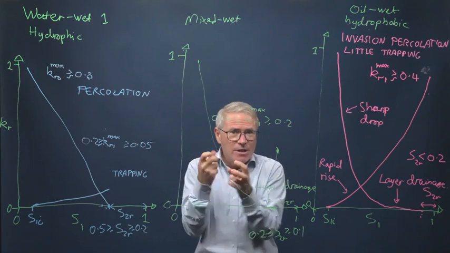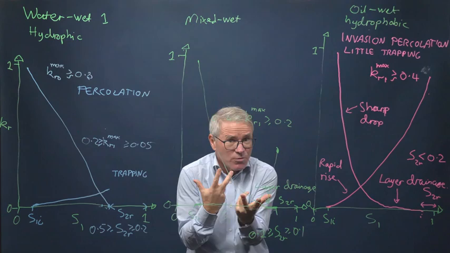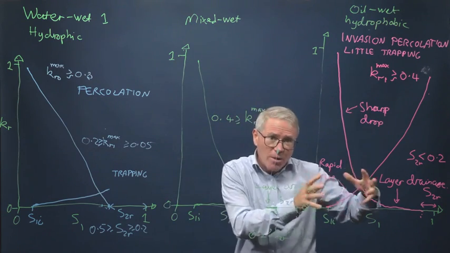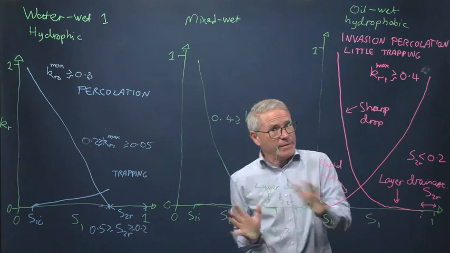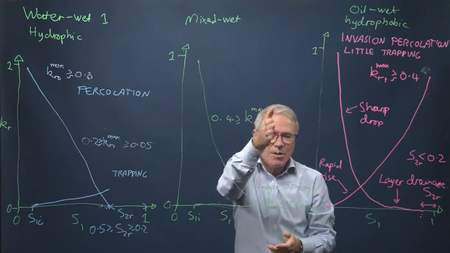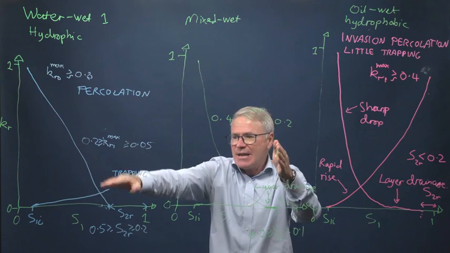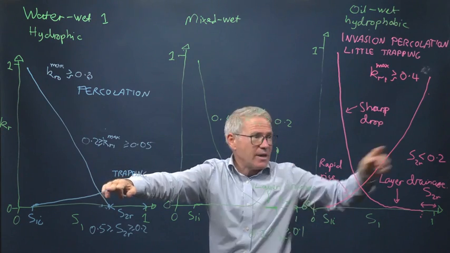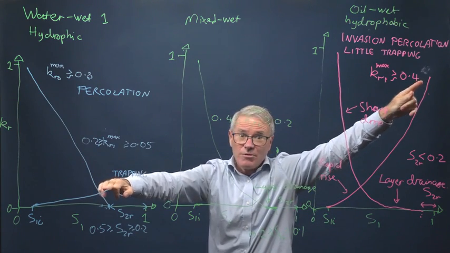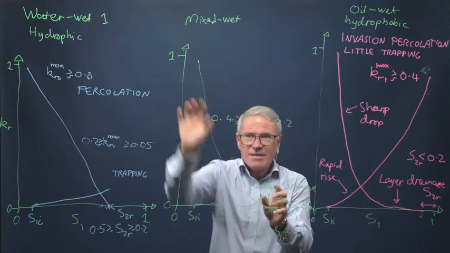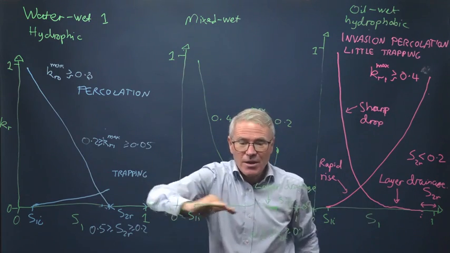Because in the water wet regions, you've actually filled the smallest regions and you've had some trapping. In the hydrophobic, in the oil wet regions, okay, it's a bit more like this, so it's somewhere in between, and some of the flow paths are blocked. So this endpoint, again, is between the water wet and the oil wet or the hydrophobic extreme, is not a surprise. So nothing to see there, nothing really to see here.